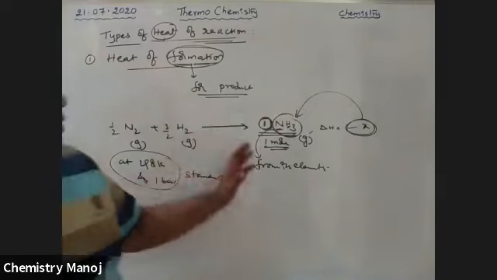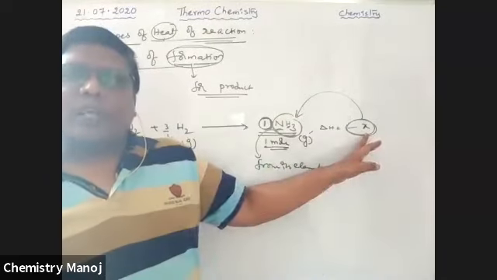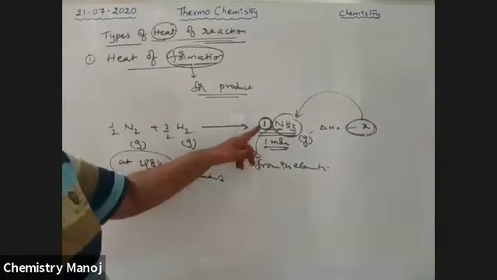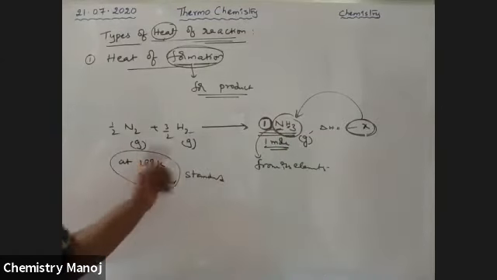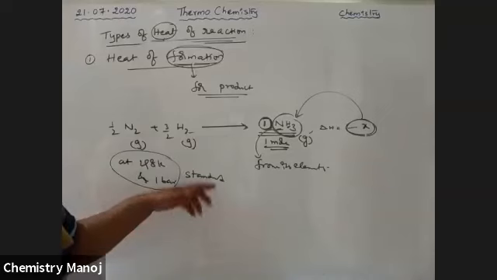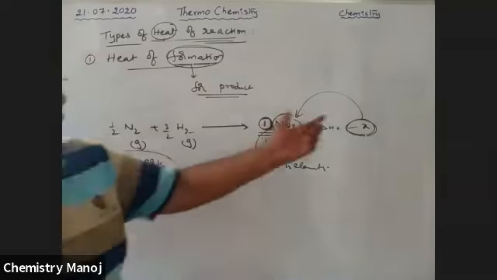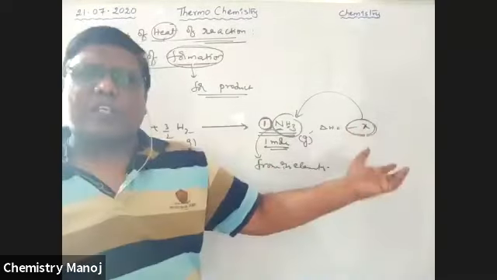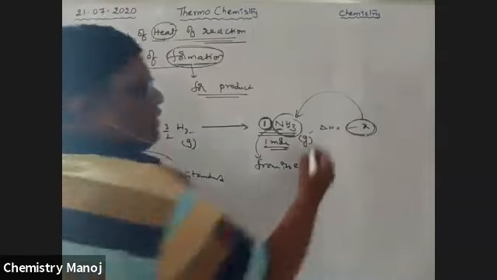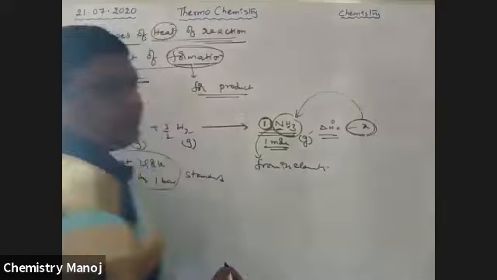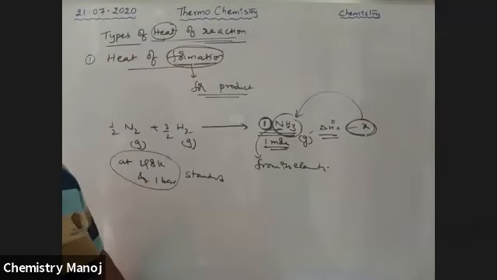At standard conditions, the heat energy released or absorbed is called the change in enthalpy. The change in enthalpy at standard conditions is called delta H naught, the standard heat of reaction.